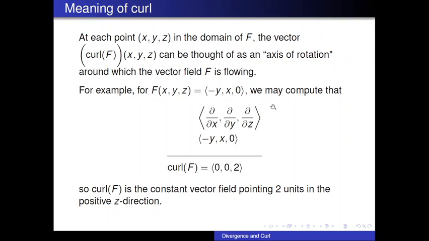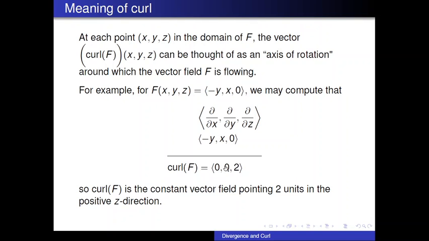And if we compute the curl, we'll cover up the first components here, and say, okay, this partial derivative is 0 minus that partial derivative is also 0. So the first component of curl is 0. For the second one, we'll cover up the middle one, and say, okay, let's do the partial derivative of minus y with respect to z minus the partial derivative of 0 with respect to x.